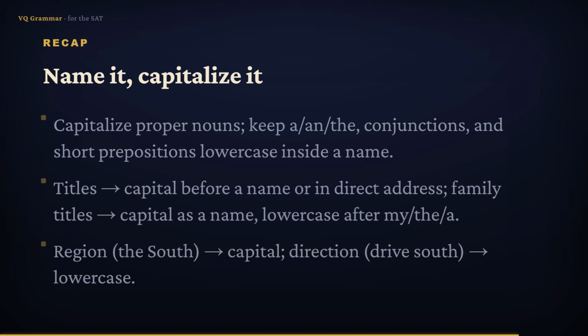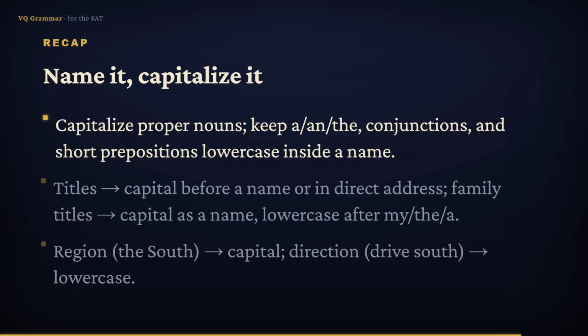Let's bring it home. Proper nouns, the names of specific people, places, and things, always take a capital. Inside a multi-word name, capitalize the important words, but keep the little ones, a, an, the, and, or, and short prepositions, lowercase.